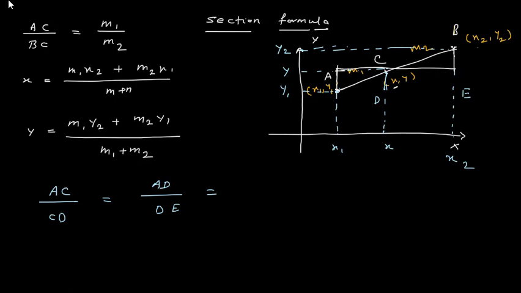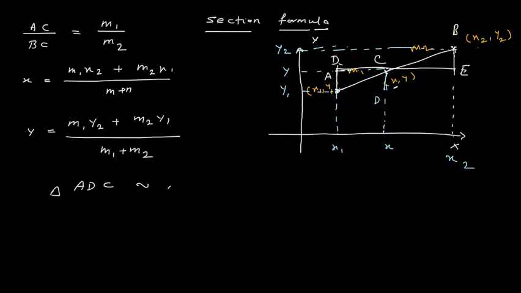Now here you can see this triangle. This is point A, say this point is D, and here this point is E. So triangle ADC is similar to triangle BEC.